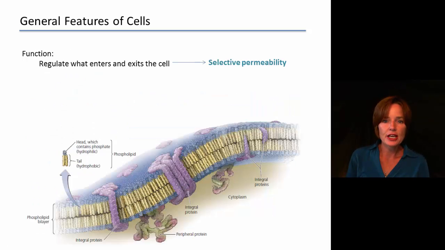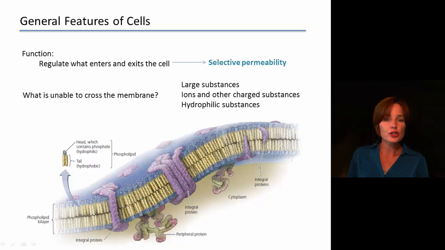We talk about that entry and exit function. The main purpose of the plasma membrane is to regulate what enters and what exits. And it's called selective permeability because it is actually selecting what gets to cross and what does not. And what does cross and what doesn't is going to vary from day to day or moment to moment. So we do have certain molecules that are not able to regularly just get across this membrane.